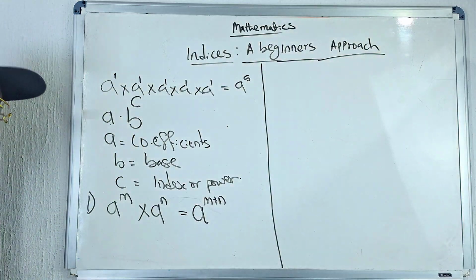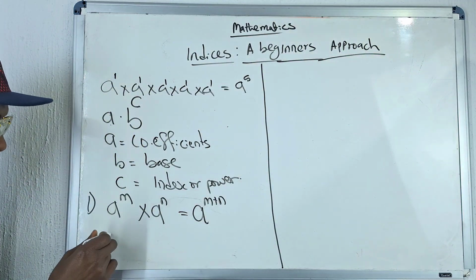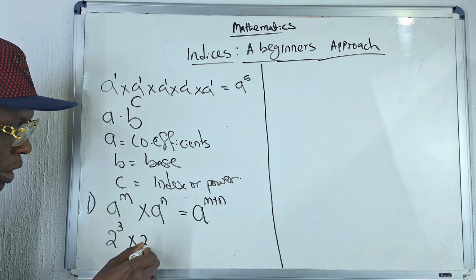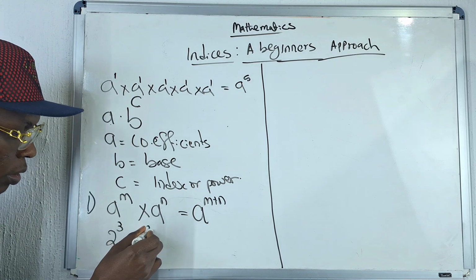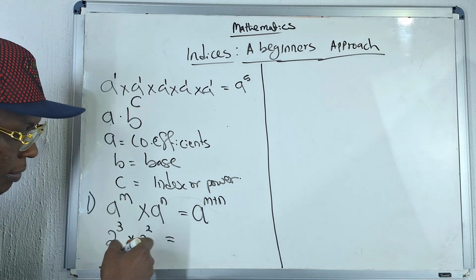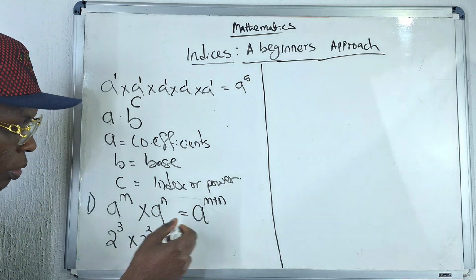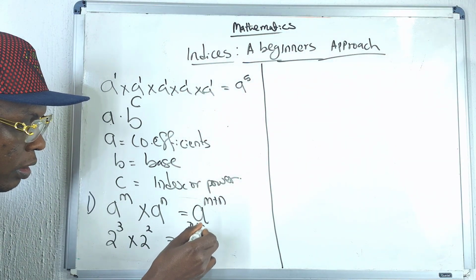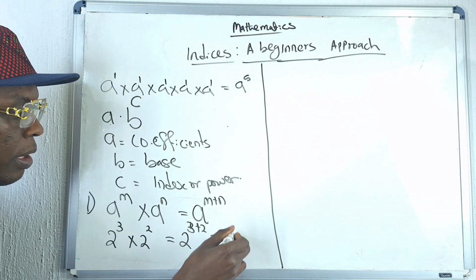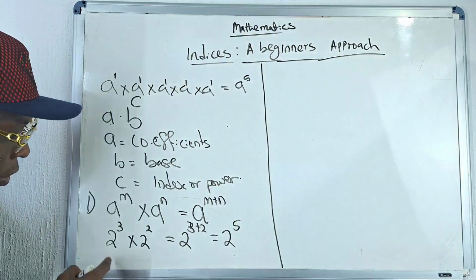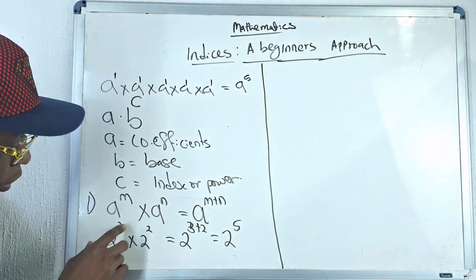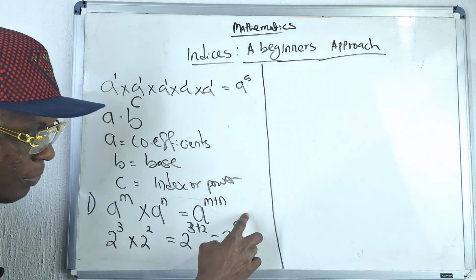What does it insinuate? When you have something like 2 raised to power 3 times 2 raised to power 2, it's simply 2 raised to the power of 3 plus 2, which is 2 raised to power 5, because the bases are the same. If you expand both, the same thing is what it will give to you.